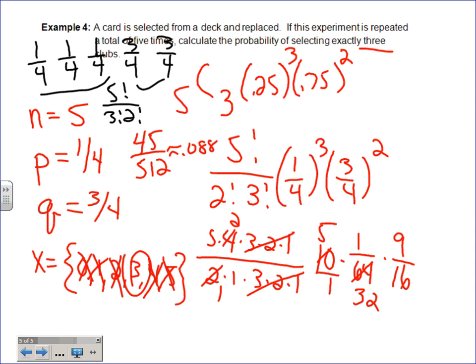And oh, look at that. That's what we did. How about that? It's as if the formula just knows what we need, and we don't have to think about it. Interesting. Any questions?